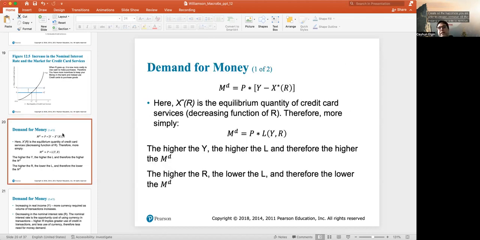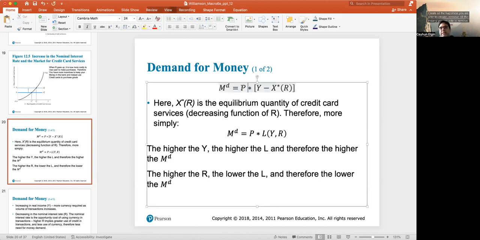The demand for money, or money demand in short, we are going to assume that based on all this discussion about the credit card versus cash usage to make a purchase, money demand is going to be equal to this function, P times (Y minus X star of R). So basically, we are assuming that MD, money demand, is demand of money to carry in your pockets.